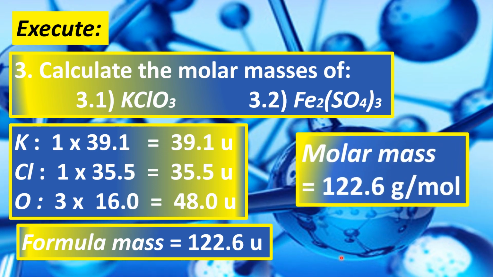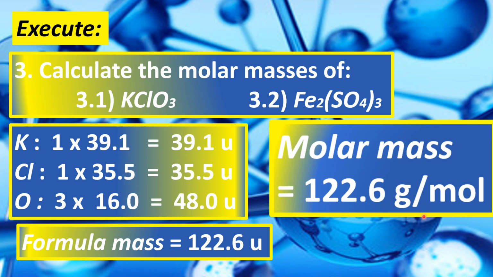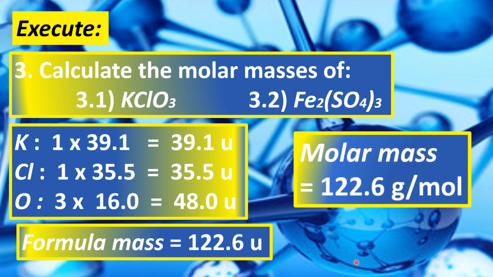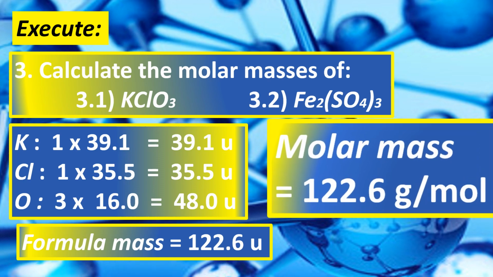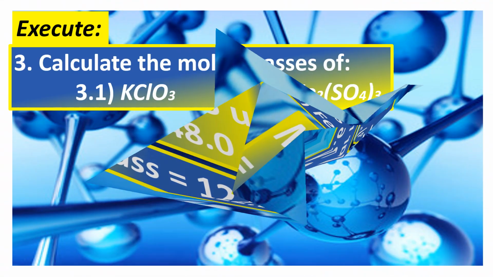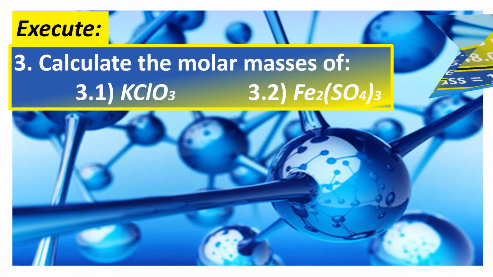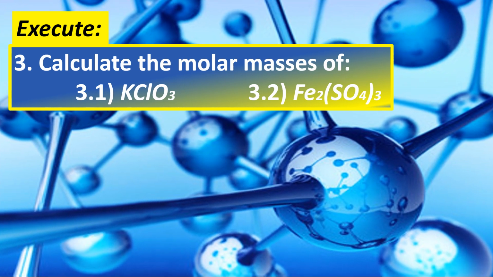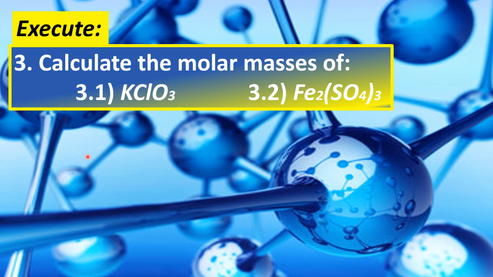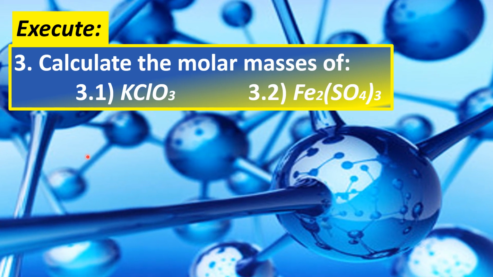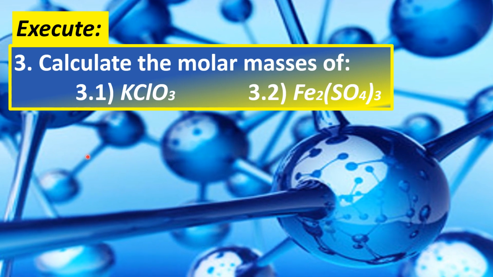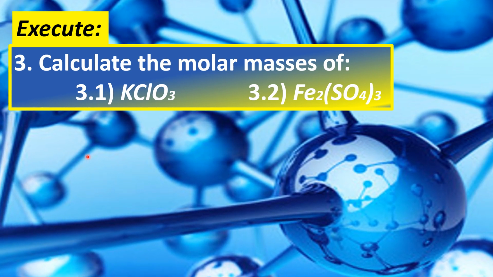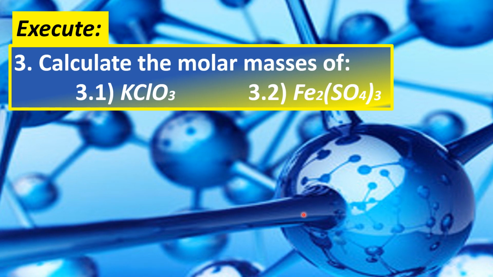So 122.6 grams per mole becomes the molar mass of potassium chlorate. And finally, for the compound ferric sulfate, or iron(III) sulfate.